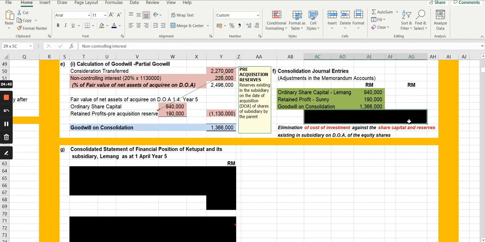What is the one to be credited? What you credit is the non-controlling interest. Non-controlling interest is actually an equity. Later, you will have to present the non-controlling interests in the equity section of your statement of financial position.